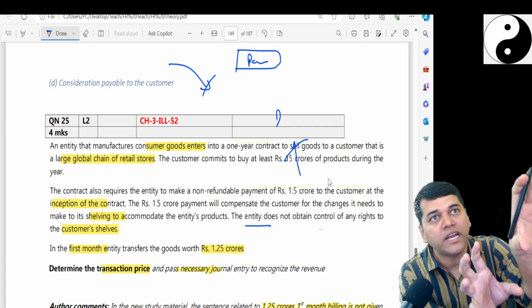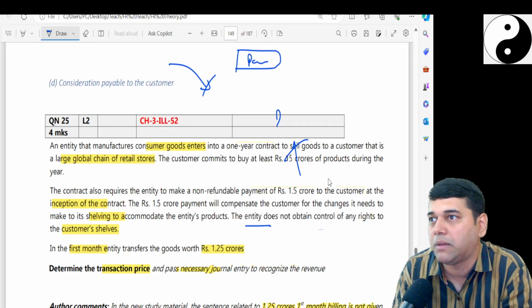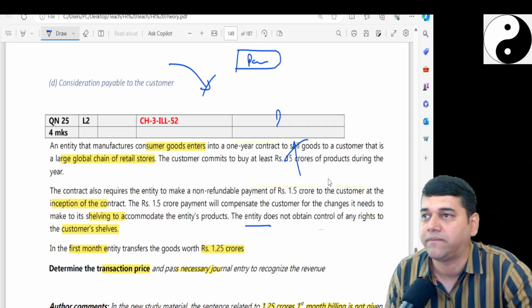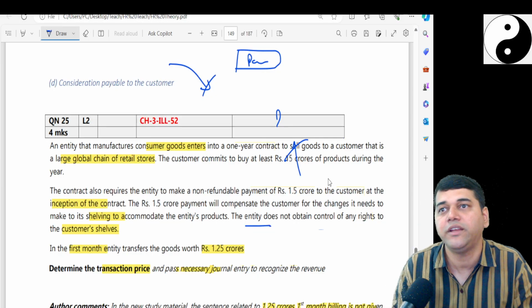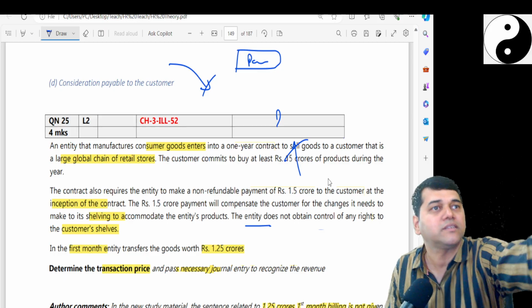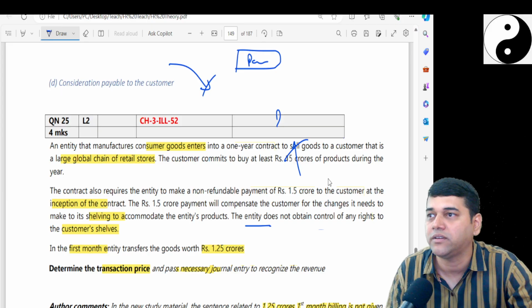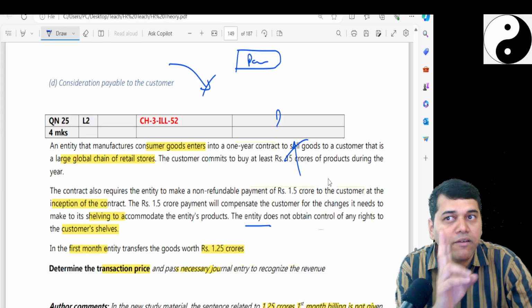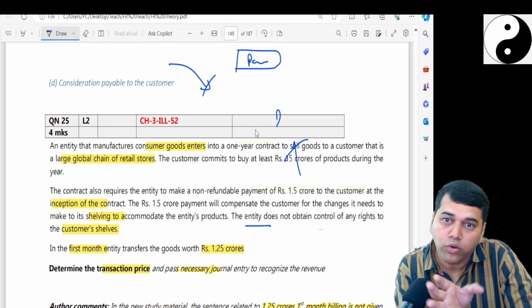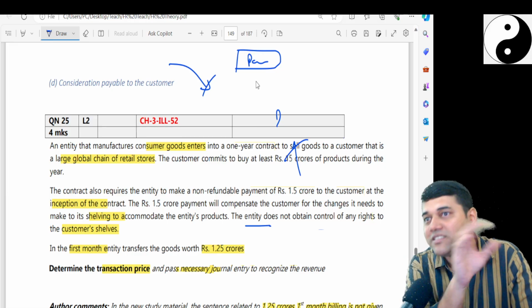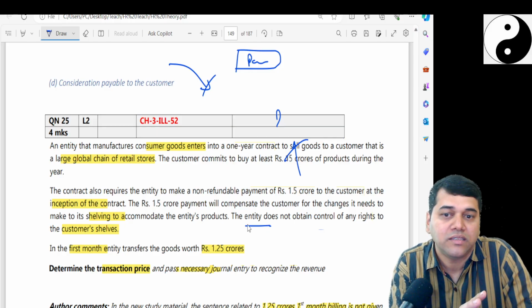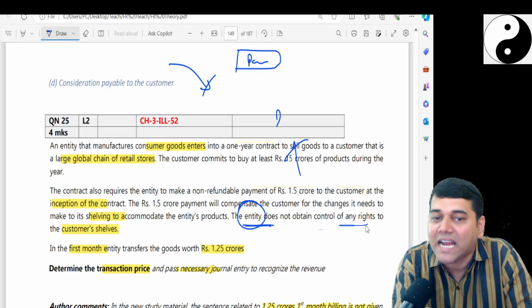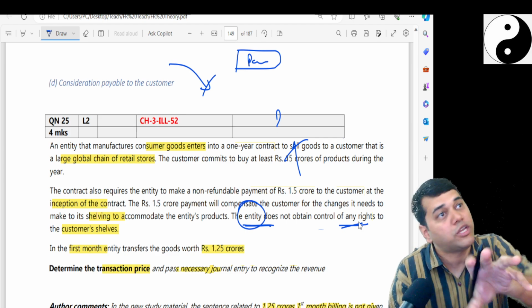Because by looking at that fan, somebody will come to Walmart and say, sir, give me one fan. What will Walmart say? Walmart will say, we don't sell that fan. The customer will immediately ask, then why is it kept in that showcase? That's why Walmart will never permit it. They will keep only those items in the shelf which are sold inside, because it's a demo shelf. And the entity will not get any right to transfer that right to keep to somebody else.